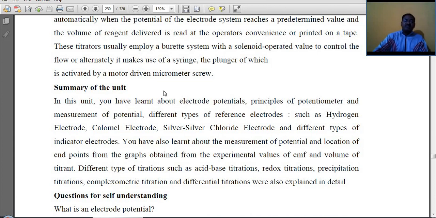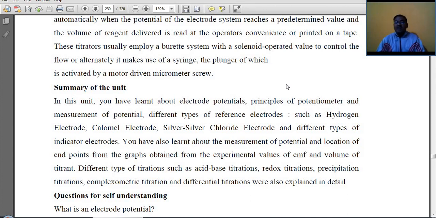This is the summary of this unit. In this unit, we have learned about electrode potential, principles of potentiometry and measurement of potential, different types of reference electrodes such as hydrogen electrode, calomel electrode, silver chloride electrode, and different types of indicator electrodes.